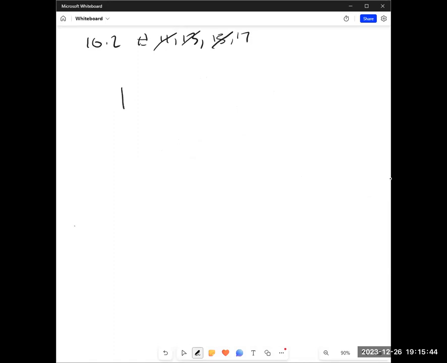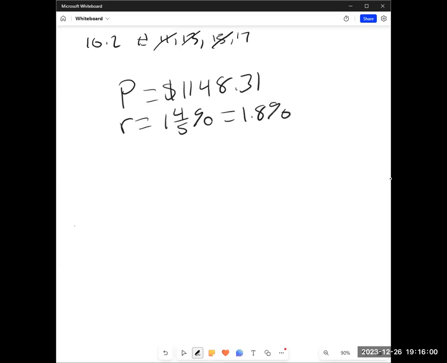Determine the simple interest. P equals 1148.31. R equals 1 4/5%, or 1.8% is what that is, which is 0.018. T is equal to 6 months, which is equal to 1/2 of a year.